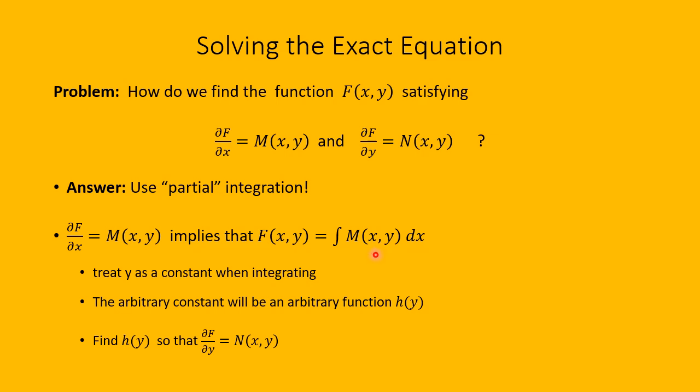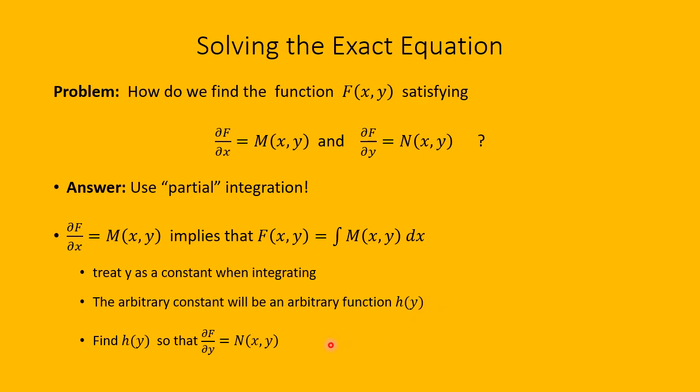Now we're doing anti-differentiation where y is treated like a constant. Okay, so y will be treated as a constant when we integrate, and the arbitrary constant of integration that we tack on at the end will be an arbitrary function of y. And the reason we can do that is if we differentiate that with respect to x, the derivative of h of y with respect to x is going to be 0, and so everything works out nicely.